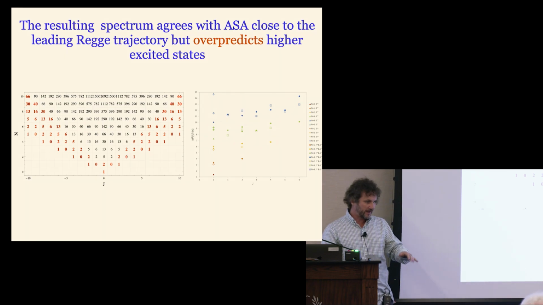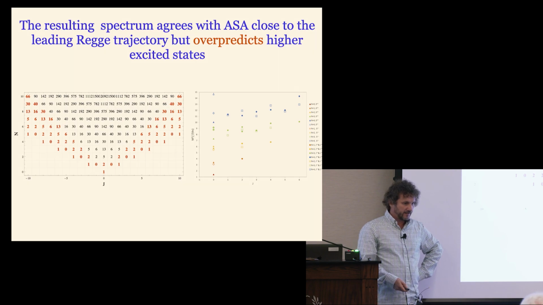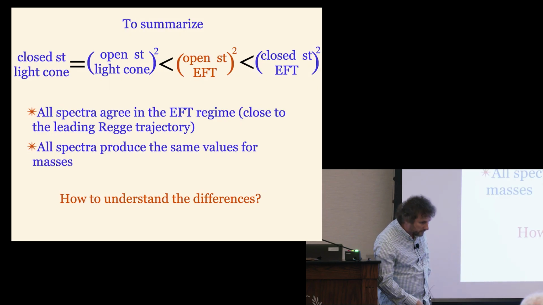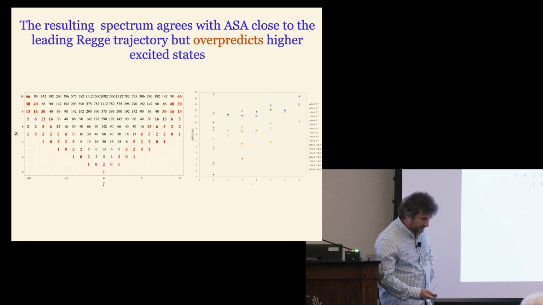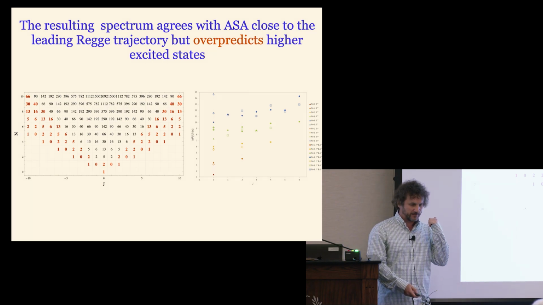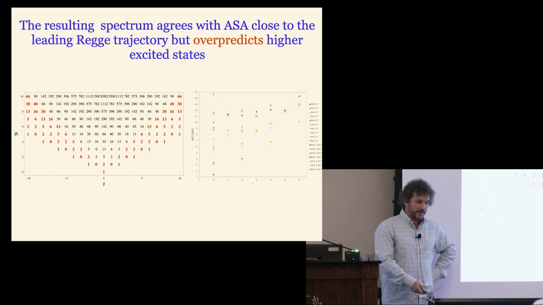And here I'm comparing this spectrum, not to the light cone spectrum, but to the spectrum obtained in the previous way. And they again agree close to the rigid trajectory.